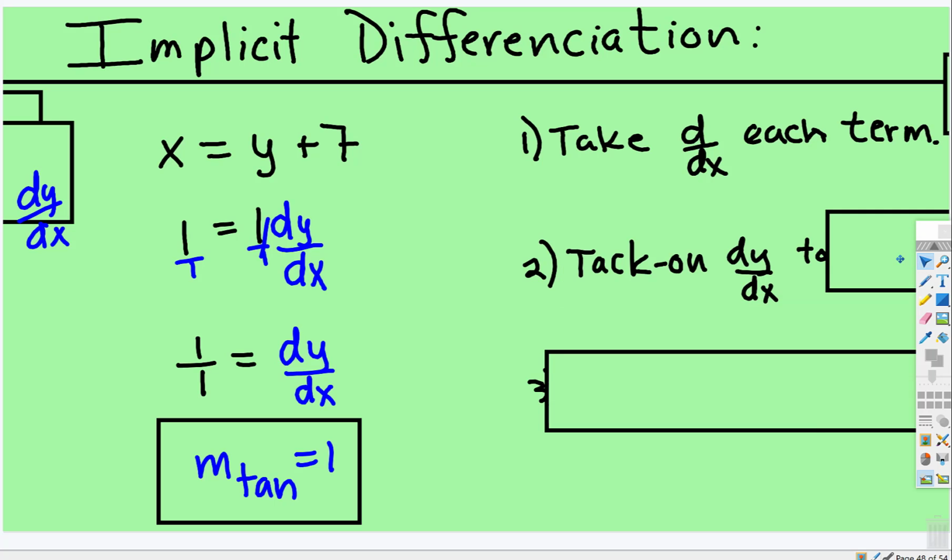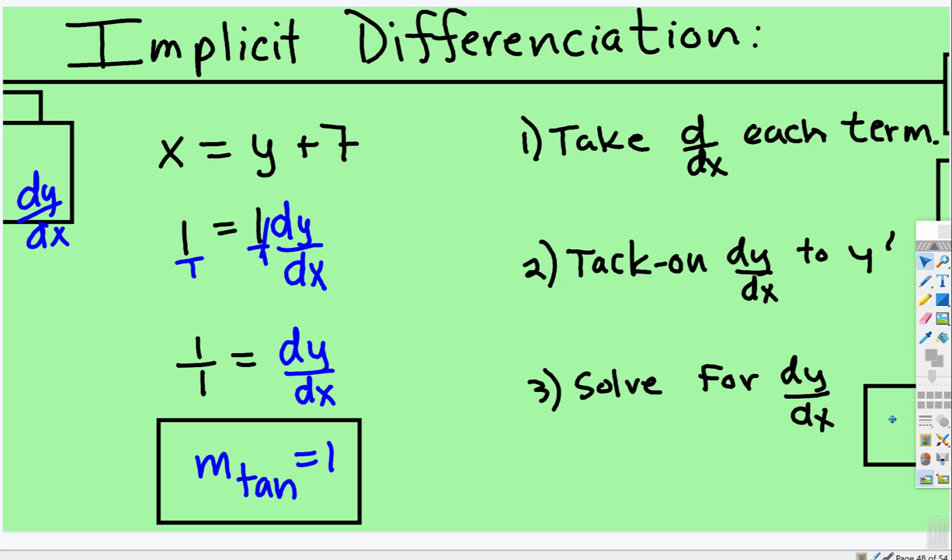All right, so you take the derivative of each term, and every term where you take the derivative, not every time there's a y, because as they get more complex, sometimes you're just multiplying the y. It's only when you're taking the derivative of a y term do you tack on dy dx. And then you want to get the dy dx term by itself.